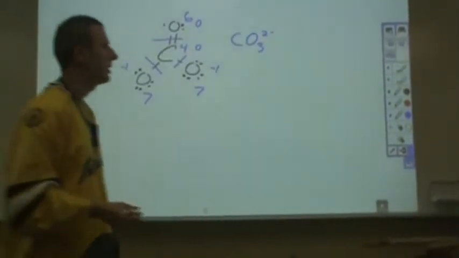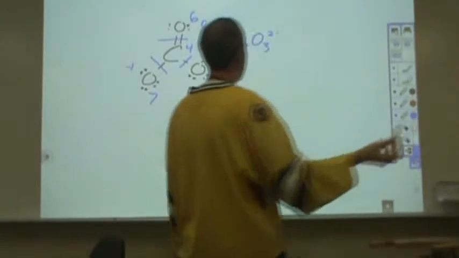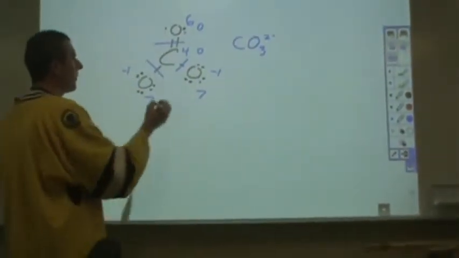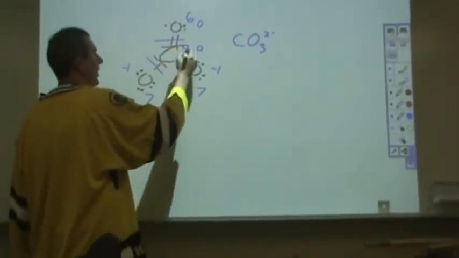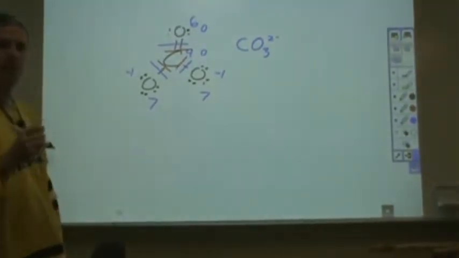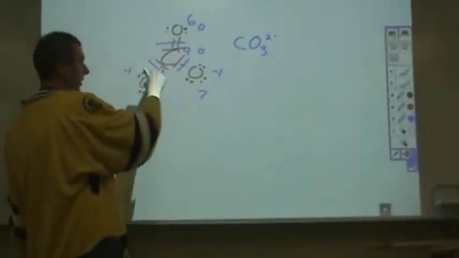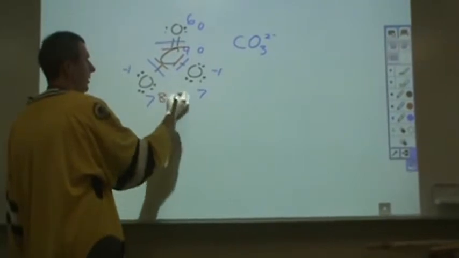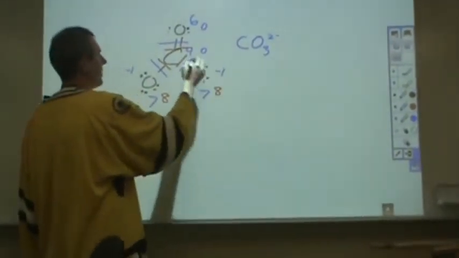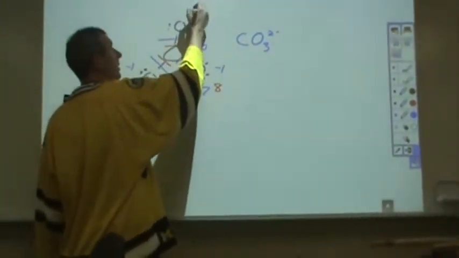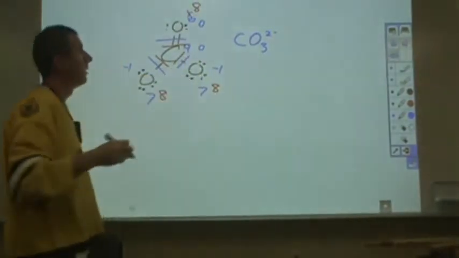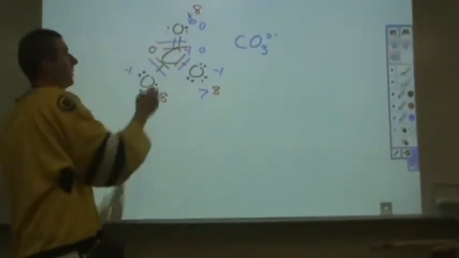But if instead I were to look at this from an oxidation state perspective, then it would be very different. The carbon would lose every single battle because it's less electronegative than all the surrounding oxygens. Now this oxygen has 8 electrons, this one has 8 electrons, and this one also has 8 electrons. Carbon has 0.